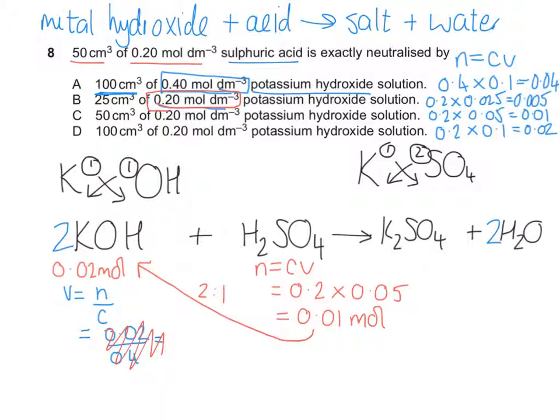So again, volume equals my desired number of moles, 0.02, over my concentration, which is 0.2, which gives me a volume of 0.1 decimeters cubed, which is 100 centimeters cubed. So if I'm using a concentration of potassium hydroxide of 0.2 moles per decimeter cubed, that means I need 100 centimeters cubed of it, and you can see that that matches up to option D.